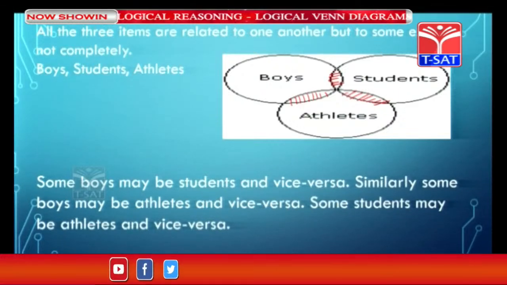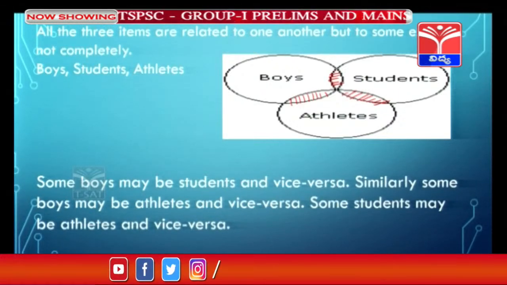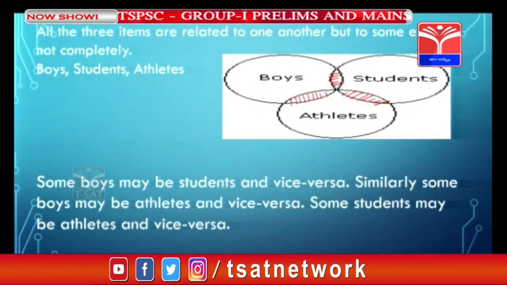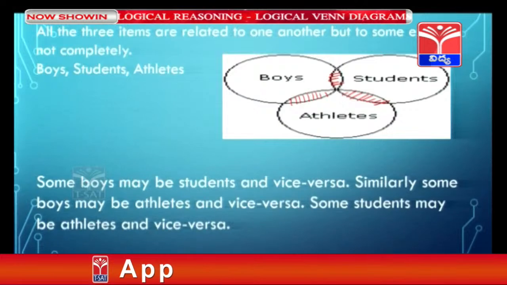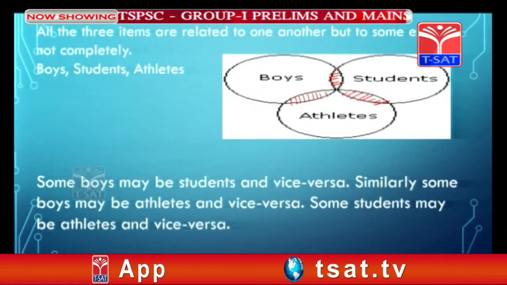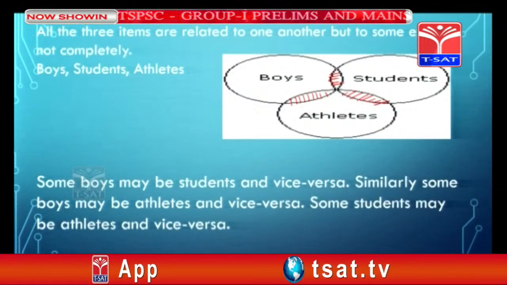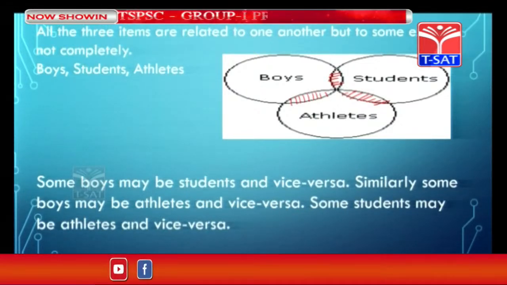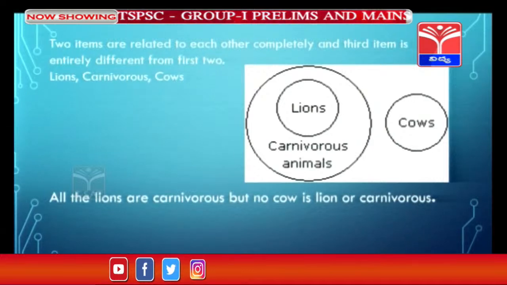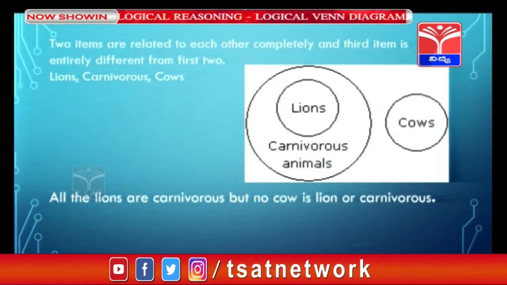So here I collected the total information pictorially, because it is a Venn diagram. Just follow all these things, and definitely it will help you to do any kind of Venn diagram problem.